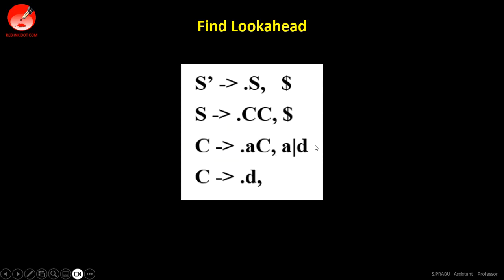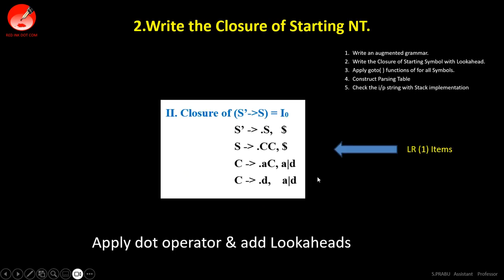So the collection of follow elements can be separated by this OR symbol. Then this line can be formed from this capital C only, so we should write the follow of this capital C here. The follow of capital C is another capital C, the first of capital C is a and d. So in this way you have to find the look ahead symbol for each production. So this is called LR(1) items.